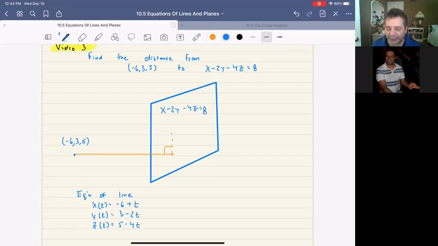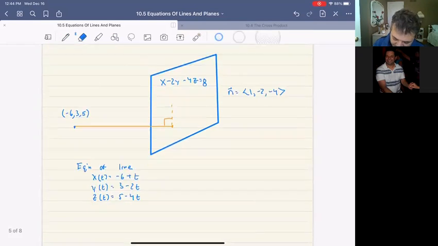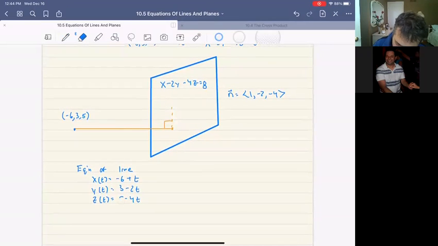How did I get that? Remember the normal vector to the plane: the normal vector to the plane here is (1, -2, -4). It's just given by the coefficients of x, y, and z here.